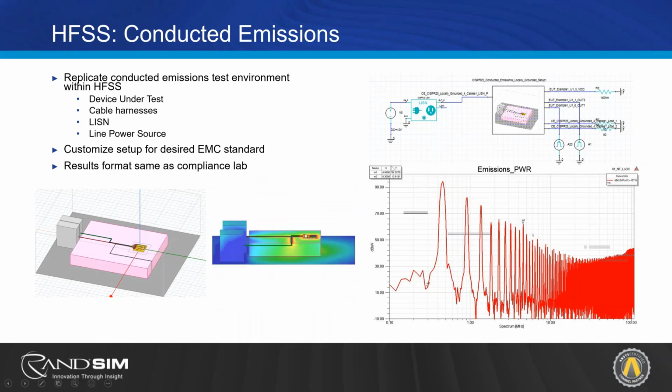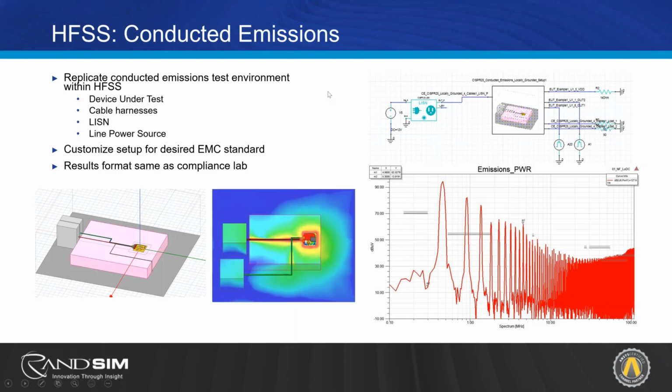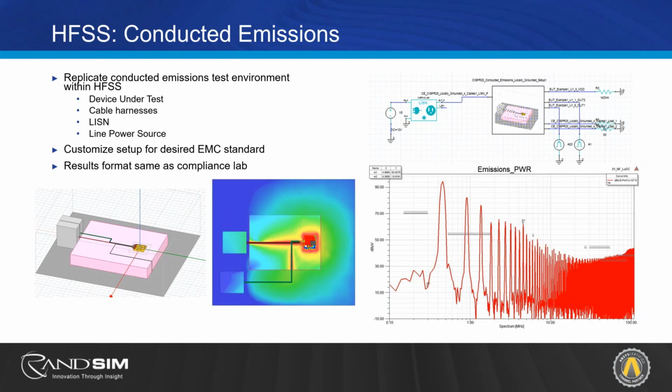So again, you design for EMC using the EMI workflow, and then using the EMC test environments within HFSS, you are able to very clearly see what you can get.